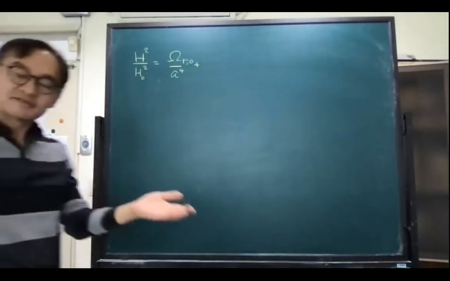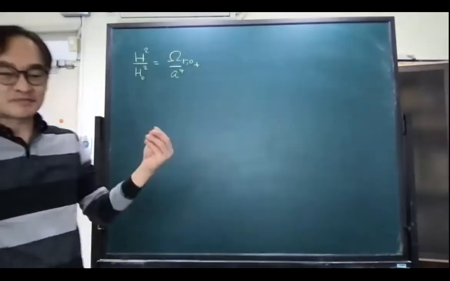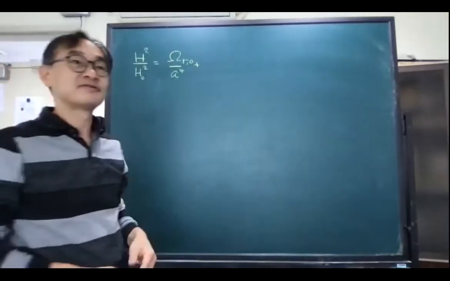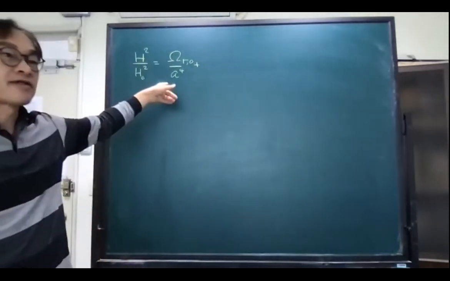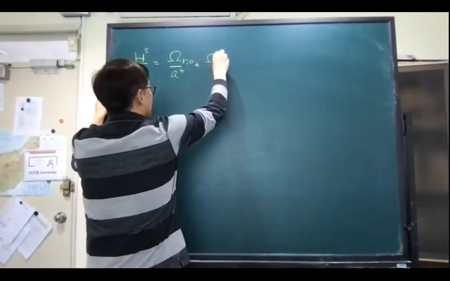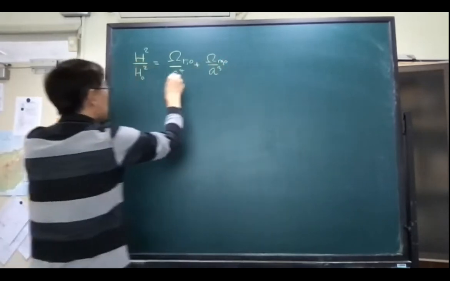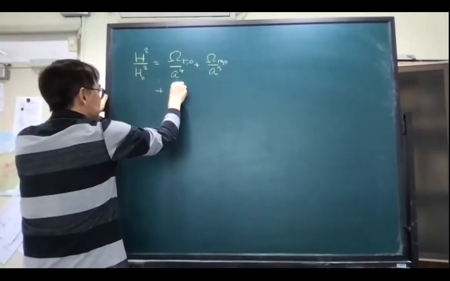So let's begin again. We were discussing the multi-component universe. The first component is radiation. We have the matter component as of today, a to the power of 3. And we have dark energy.